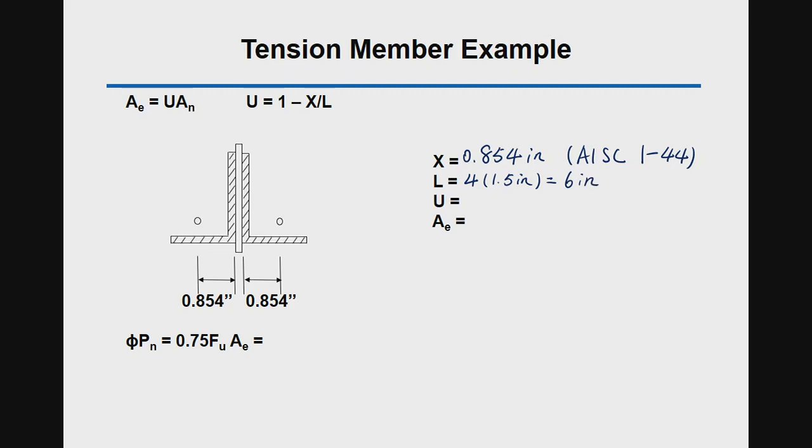Plugging x and L into the U equation, we get U equals 1 minus 0.854 divided by 6, which equals 0.86. So Ae is equal to U times the controlling An, which is 0.86 times 4.84 square inches.